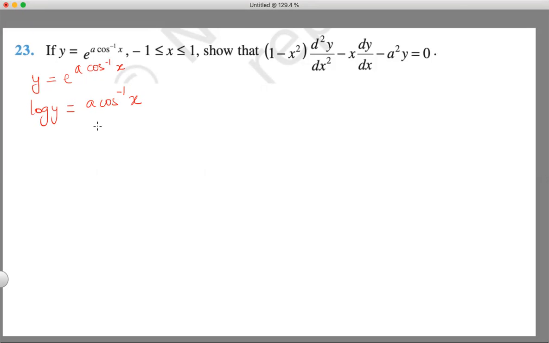Okay, so we have done this, and now the immediate next step is we will differentiate on both sides.